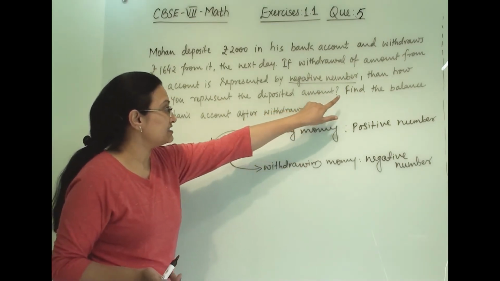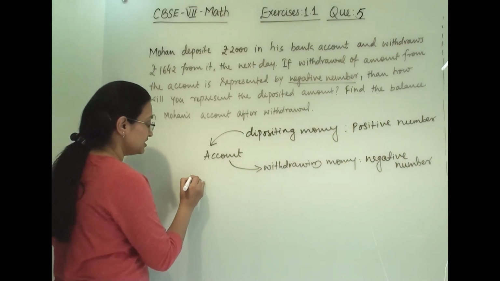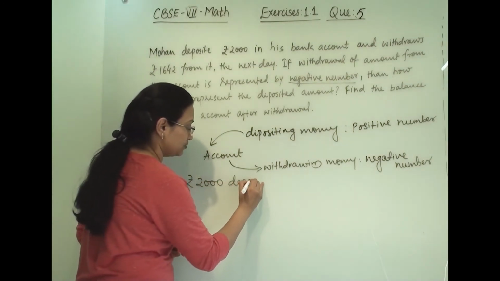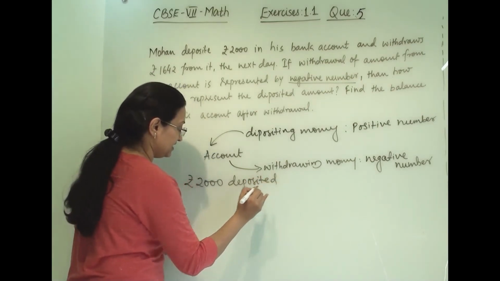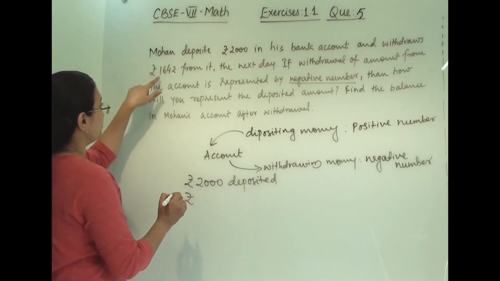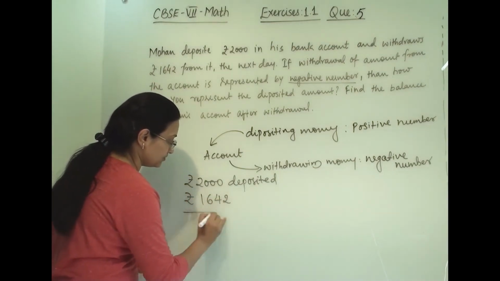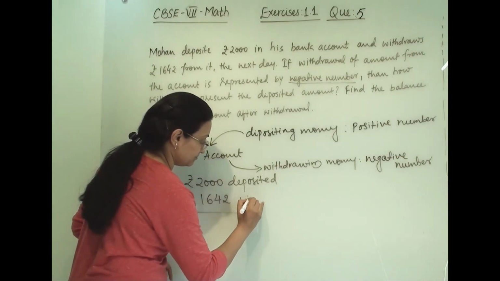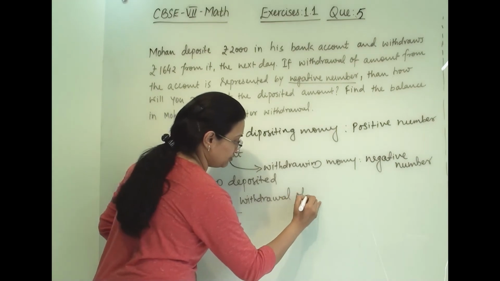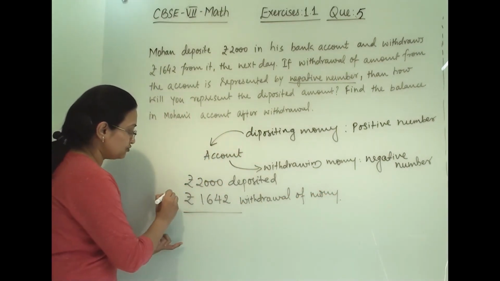Now second is, find the balance in Mohan's account. Earlier it was rupees 2000 that he deposited. Then how much has he withdrawn? 1642. Withdrawal of money, so we have to subtract.